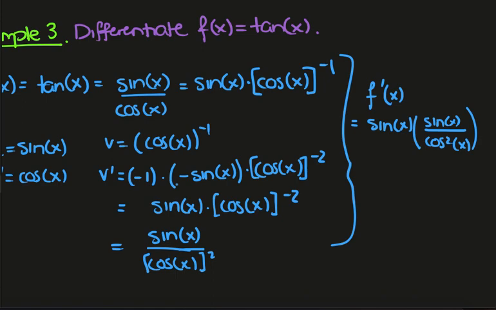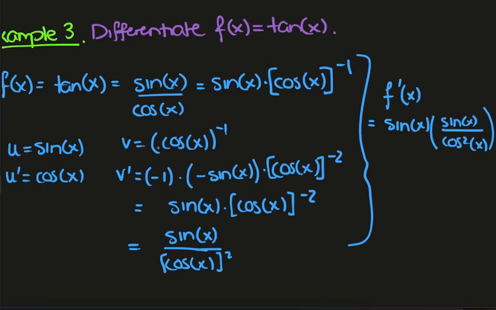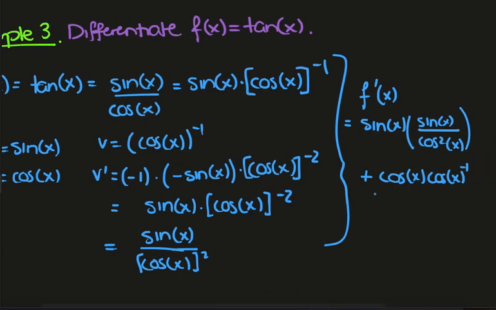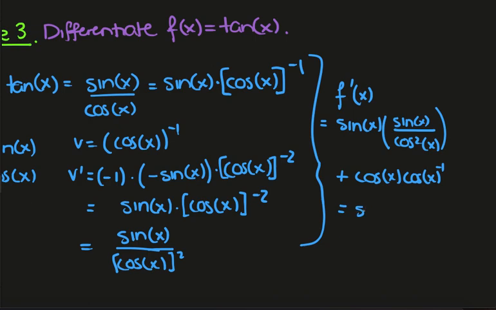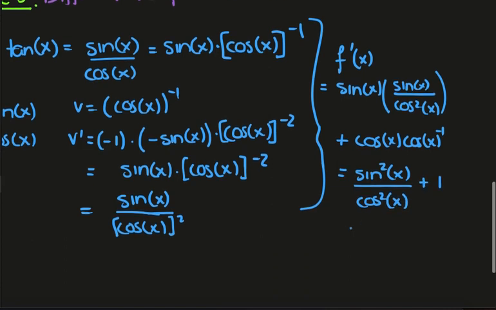And then we're going to have u prime times v. So we'll have cos x times cos x to the minus 1. And this is sine squared x on cos squared x plus 1.